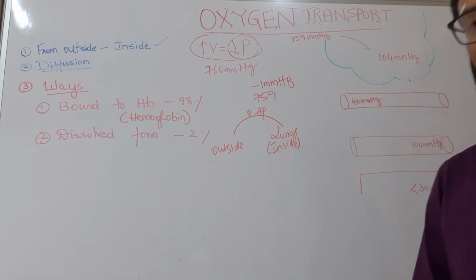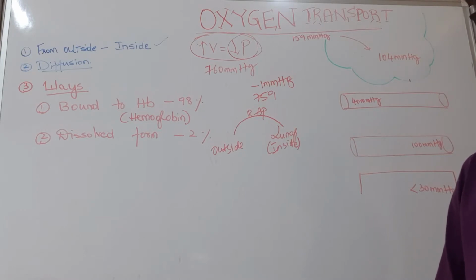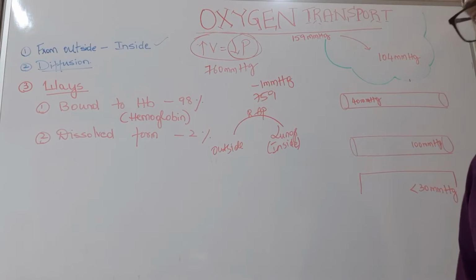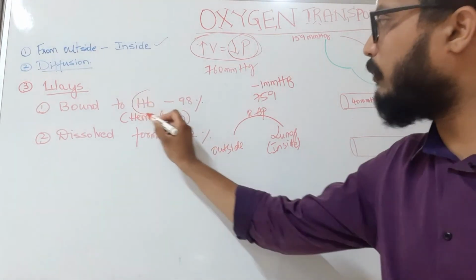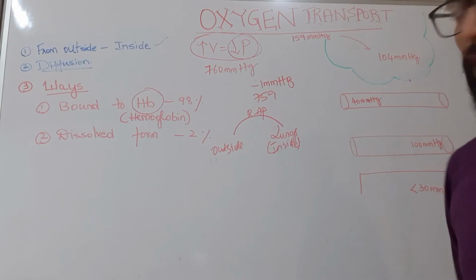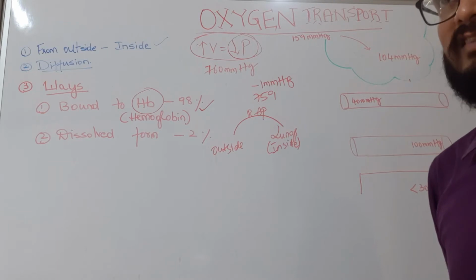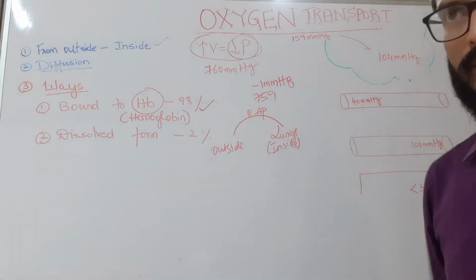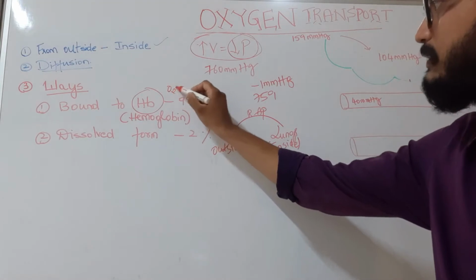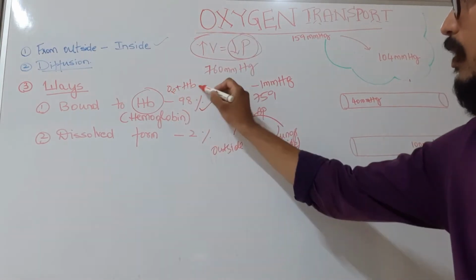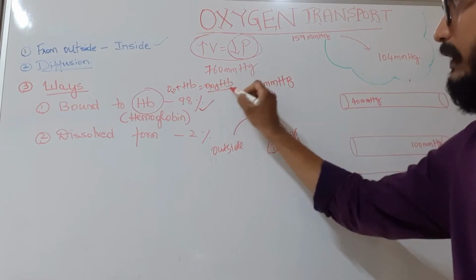That air also consists of oxygen. The oxygen inside the body is transported by two important mechanisms. Number one, the oxygen is bound to the hemoglobin molecule. About 98% of the oxygen inside the body is transported in this form, that is, oxyhemoglobin. Oxygen binds to the hemoglobin and forms oxyhemoglobin, and it is transported in this fashion.